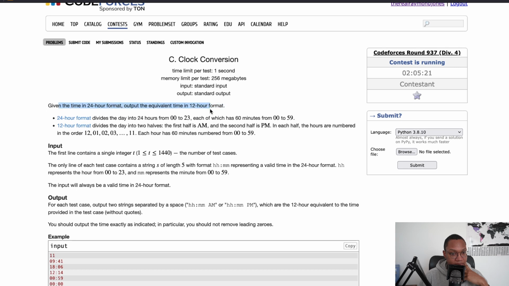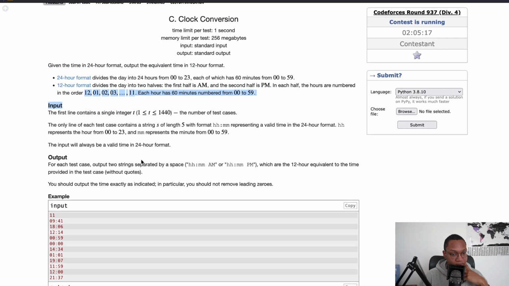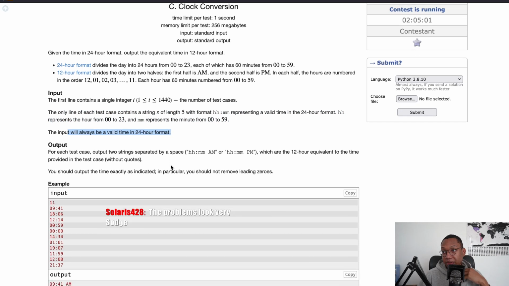Convert time from a 12-hour format probably to another one. The input is 24 hours, and you want to convert it to 12 hours. This problem looks very Saj.